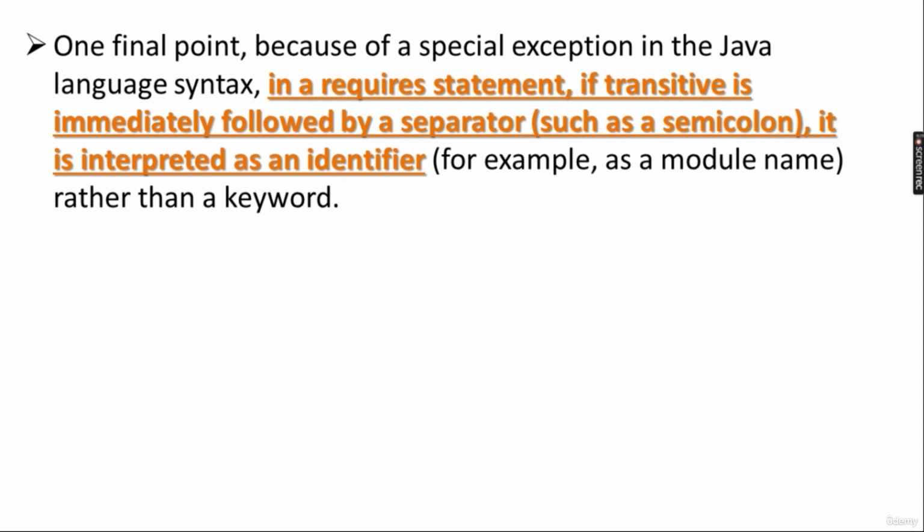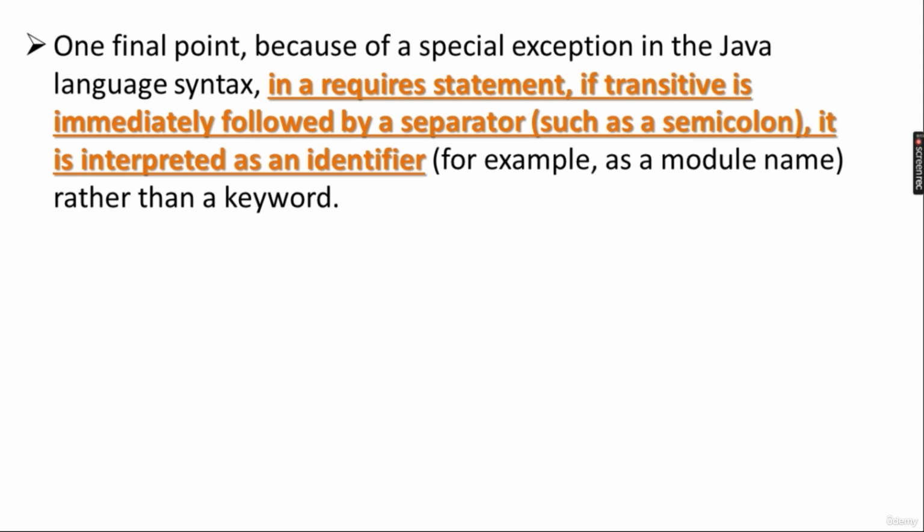Because of a special exception in the Java language syntax, in the requires statement, if transitive is immediately followed by a separator such as a semicolon, it is interpreted as an identifier, not a keyword. So one more exception you have to remember: if you are writing requires, then transitive, then any other separator, for example a colon, a comma, or a semicolon. Here we have given the example as a semicolon.